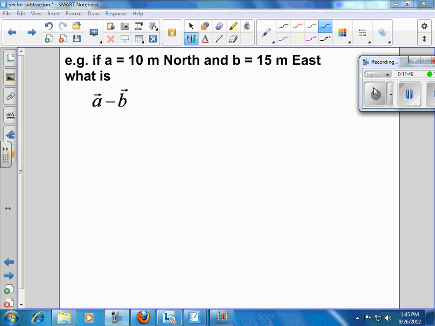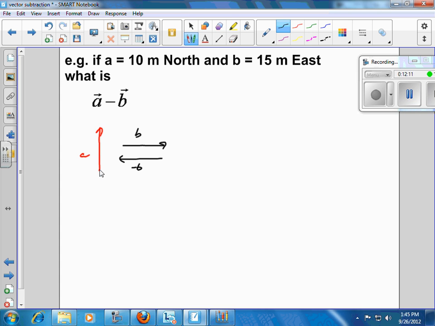Okay, so we've got 10 meters. Now, we know it's A minus B, right? So the one I'm flipping is this one. So 10 meters north is going to be my A. And I'm going to be a little bit over the top on drawing everything out. Do I need to do all that? Certainly don't need to, but it might be a good idea at this beginning stage.